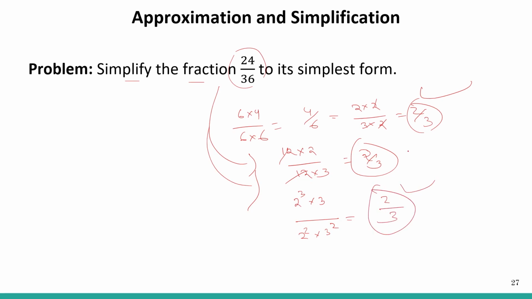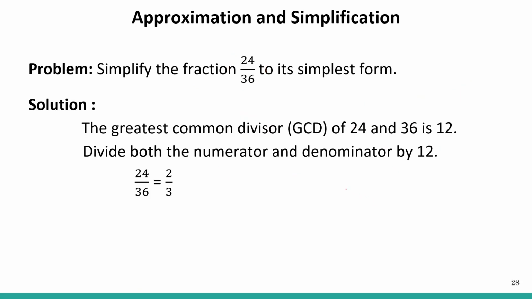So in all the three methods we are arriving at the same conclusion. So 2 by 3 is the correct answer. So let's see the step-by-step solution. The GCD of 24 and 36 is what? 12. So divide both the numerator and denominator by 12. So 24 by 12 is equal to 2 and 36 by 12 is equal to 3.